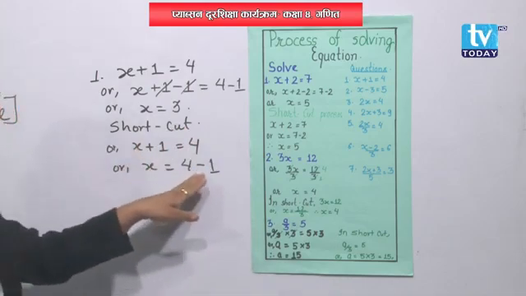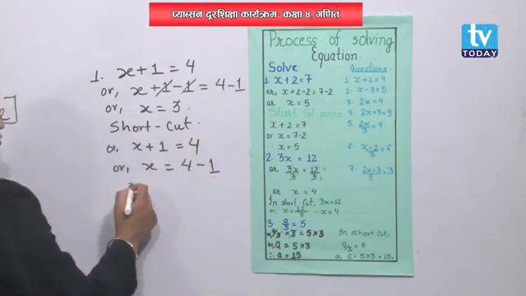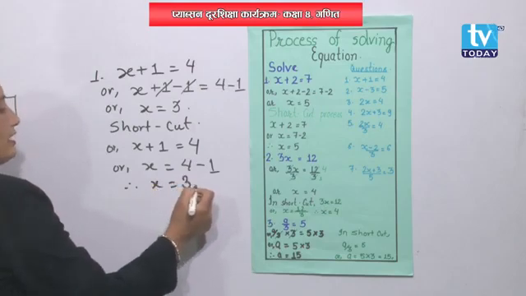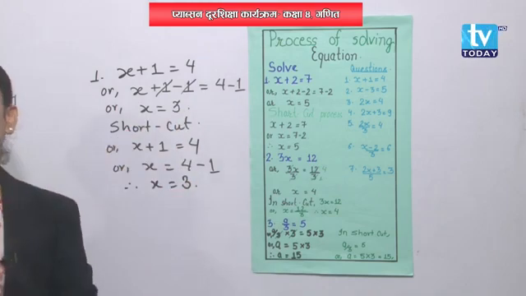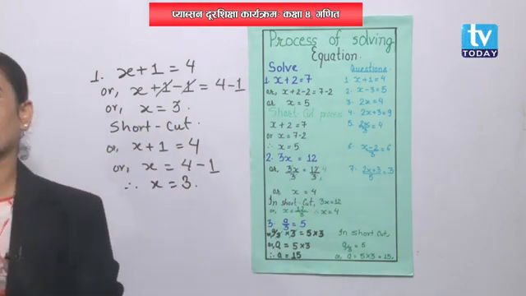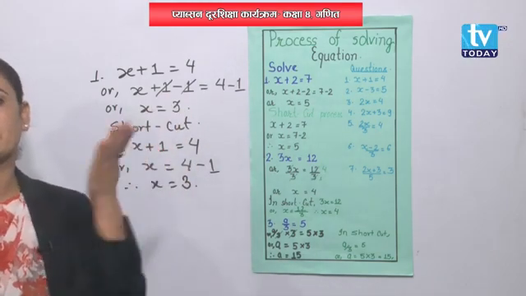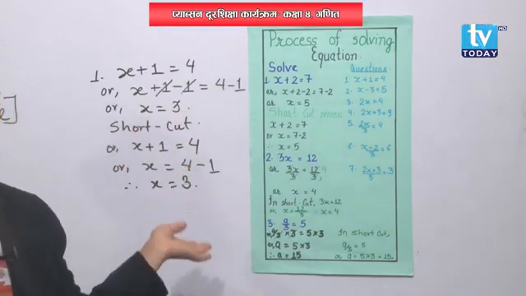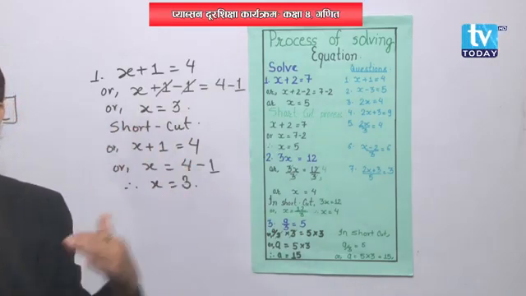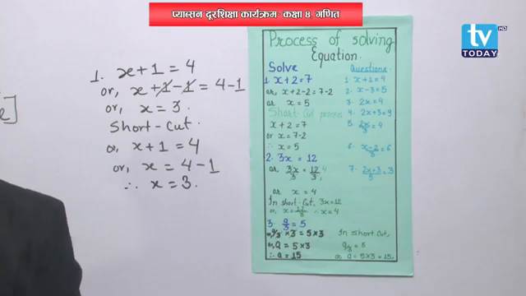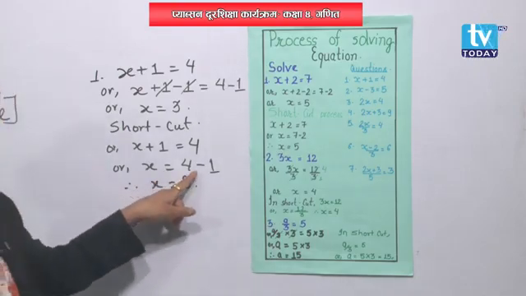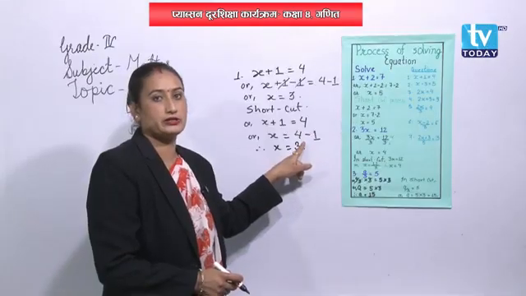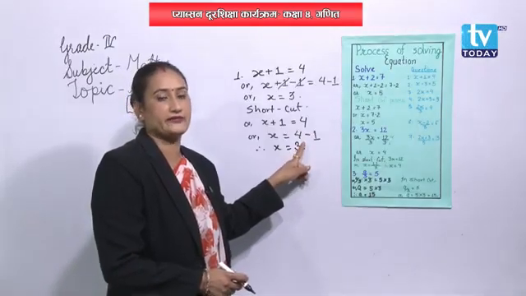So 4 minus 1, the answer will be 3. Are they the same? Here 3 and here 3. Yes. If you follow the long process, the answer will come the same. If you follow the shortcut also, you are getting the same answer, right? So that means there will be confusion only in the sign. Now, from today you will not get confused on the sign, right?